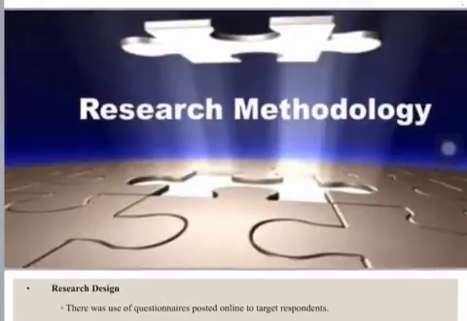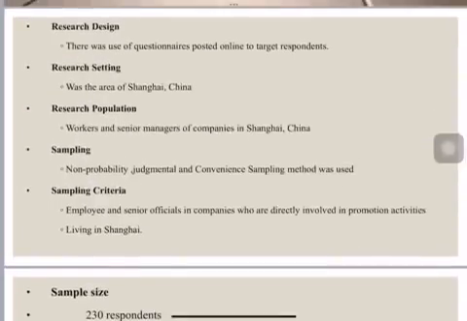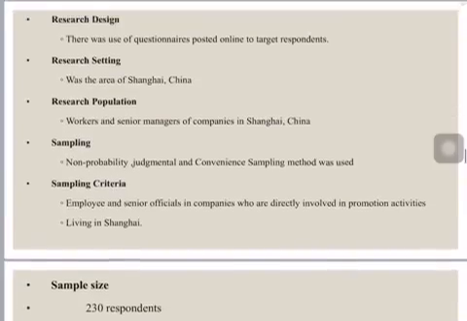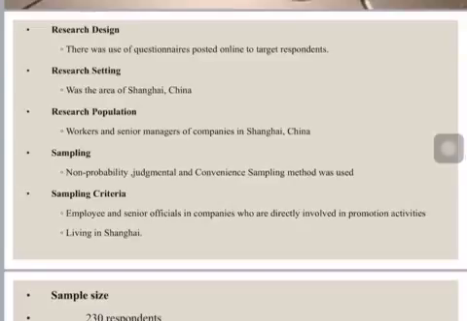This part is about research methodology. The research design used questionnaires posted online to target respondents. The research setting was the area of Shanghai, China. The population is workers and senior managers of companies in Shanghai, China. The sampling is non-probability, judgmental, and consensus sampling method was used. The sampling criteria are employers and senior officials in companies who are directly involved in promotion activities and living in Shanghai.